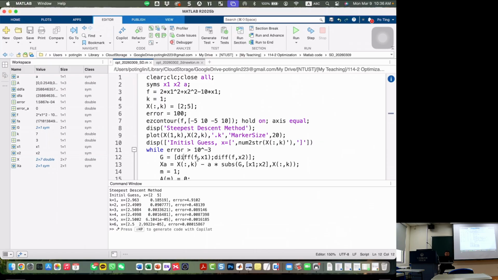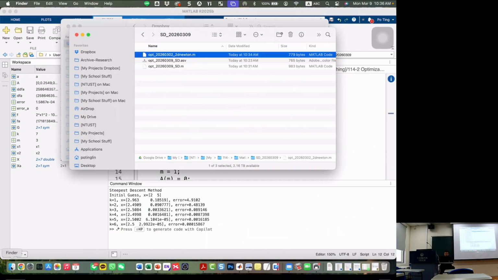So over here, I will create a different file. I think I will do finite difference in Newton's method. So you will get the code for finite difference with second order derivatives. So let me copy it here. This is with finite difference.